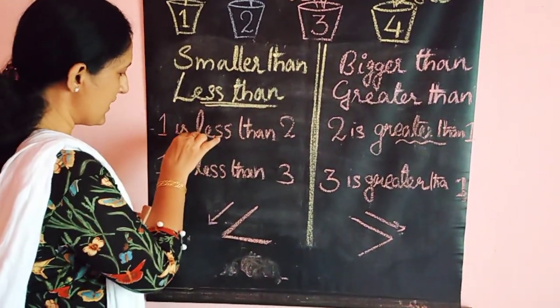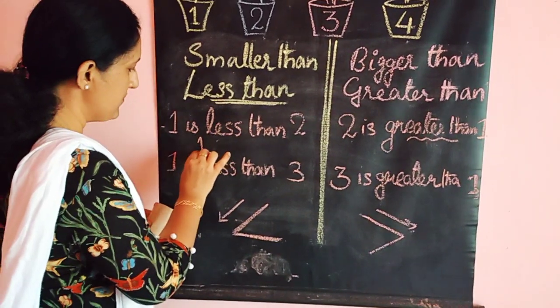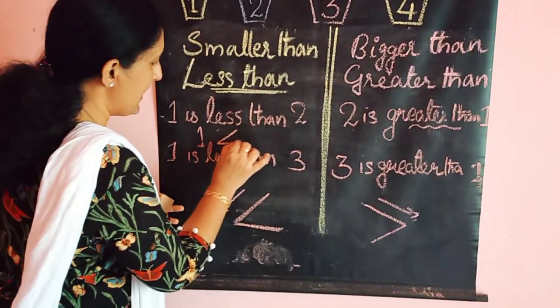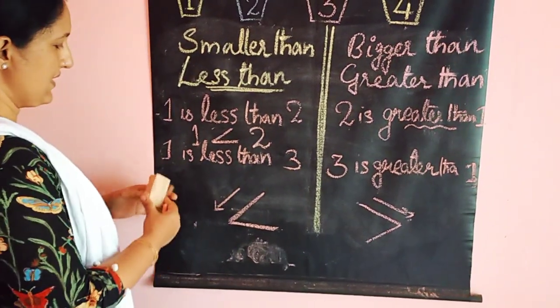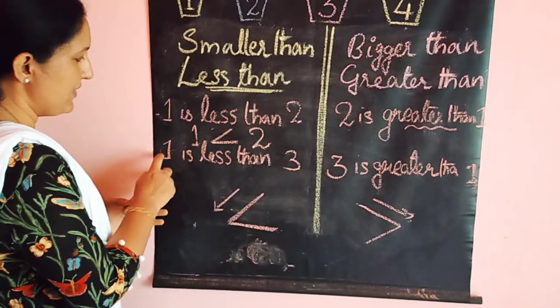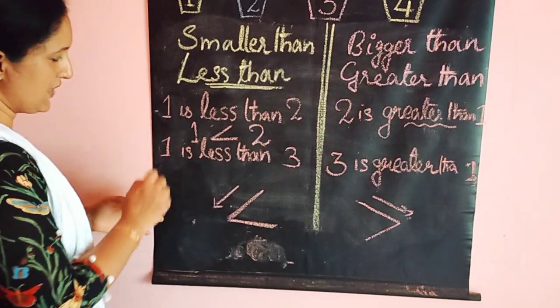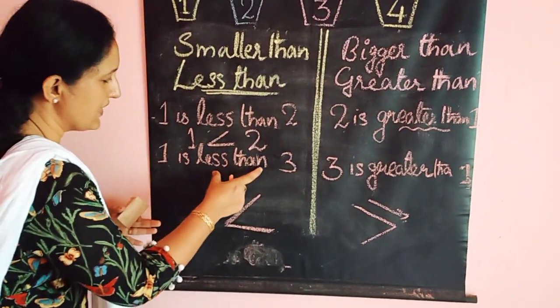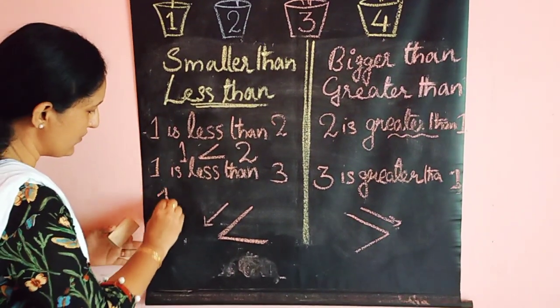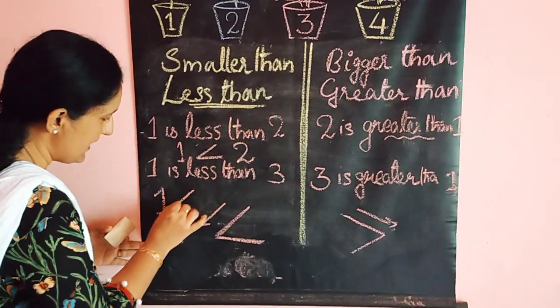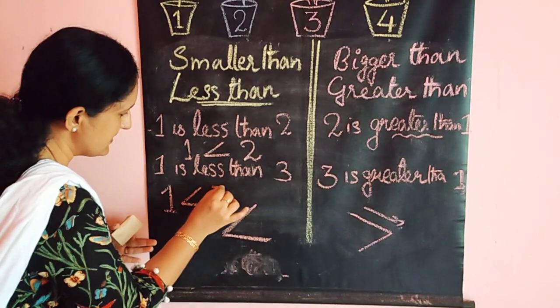So how can you write it? 1 less than 2. Here we compared 1 and 3. Instead of writing this statement, we can use this less than symbol, and write 1 less than 3.